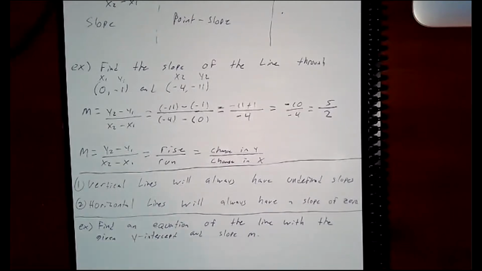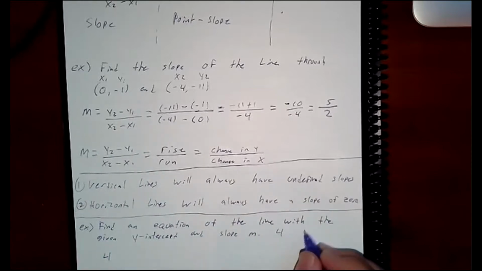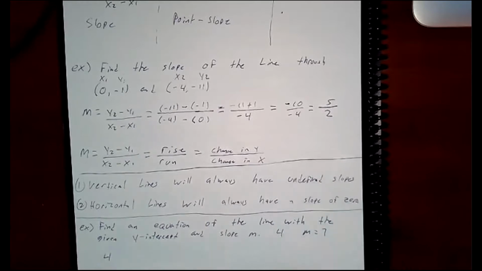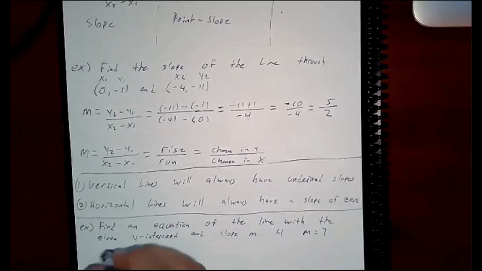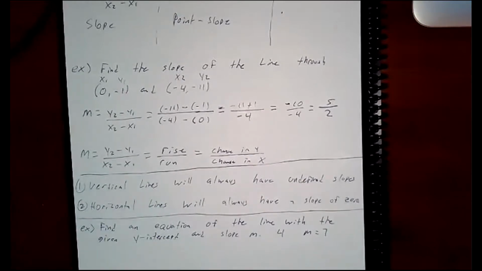So here we go. So remember, y-intercept is a point. So it'd be better to write it as a point if the question doesn't give it to you as a point. So it's clear.